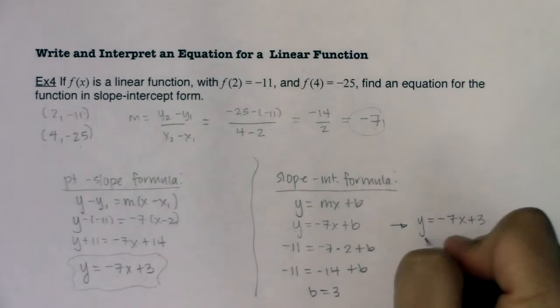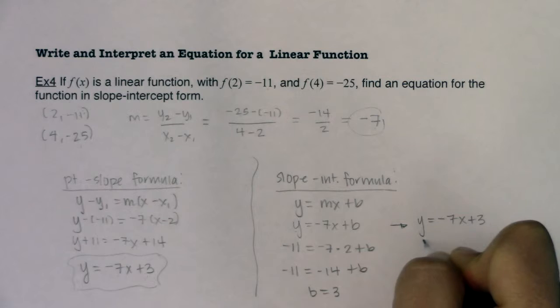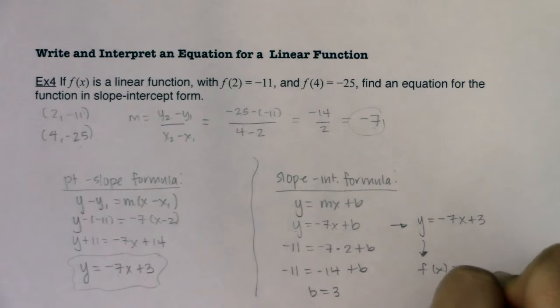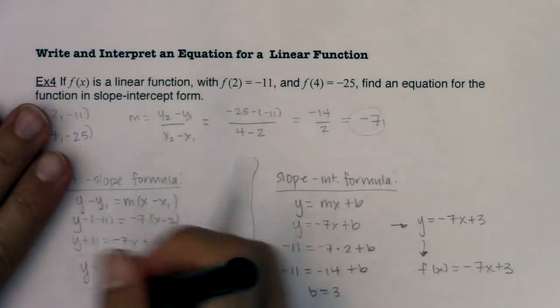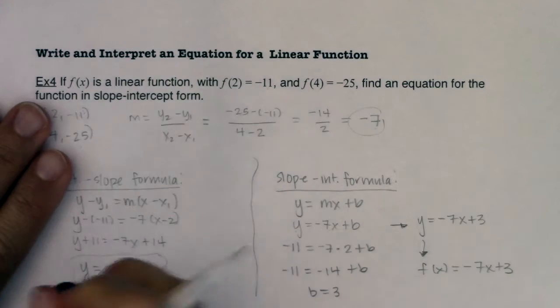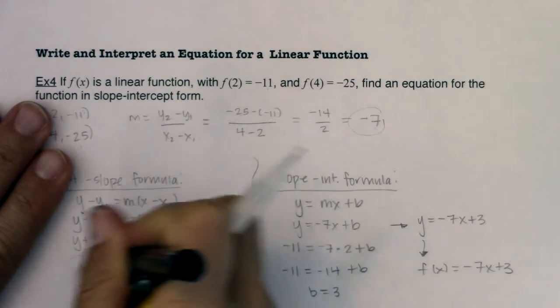Ultimately, you've got to keep in mind I started with a function. So really what I want to do for my answer is write f of x is equal to negative 7x plus 3. Technically, I would have written f of x here. Since I put it in a little squiggly, let me unsquiggle that and write it the correct way, just so I'm consistent.